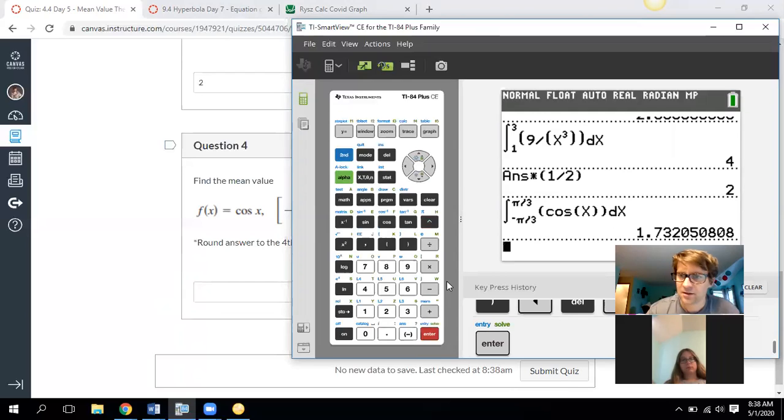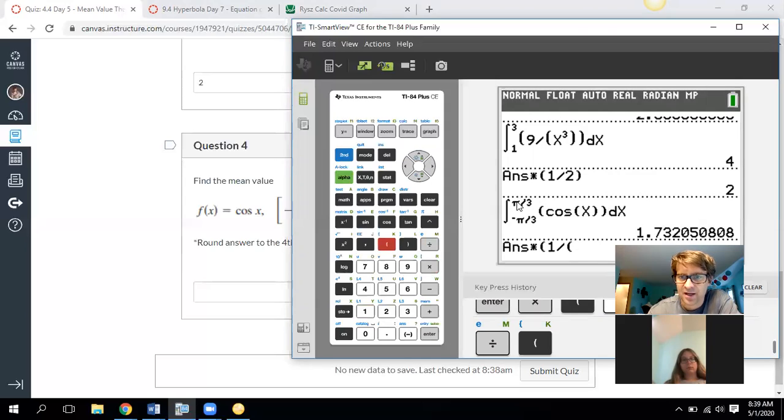Okay, so the total value would be, great, that's a lovely number. Next what we need to do is times that by 1 over b minus a. I'm going to take my time with this. So we're going to times this by 1 divided by, now I could probably figure out pi over 3 minus negative pi over 3 would be 2 pi over 3.